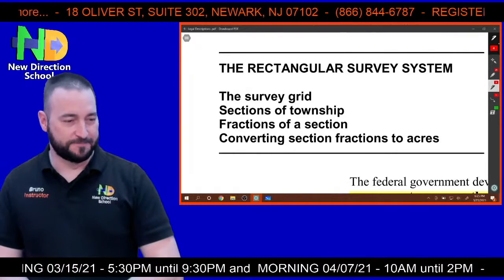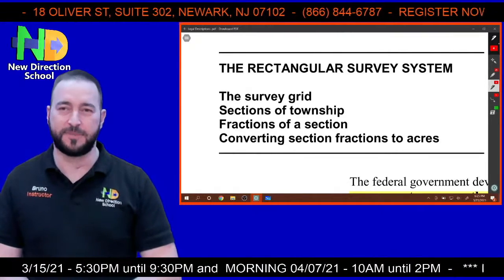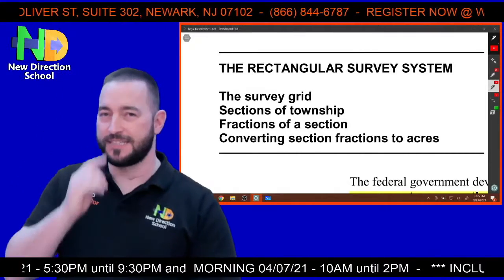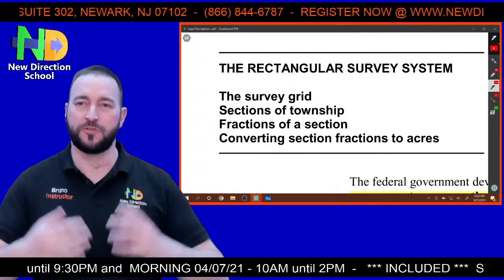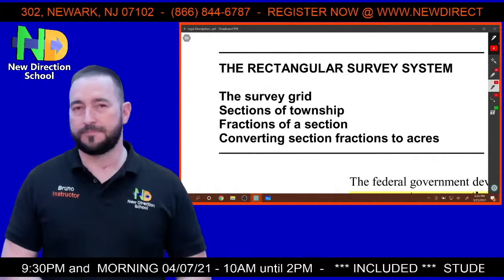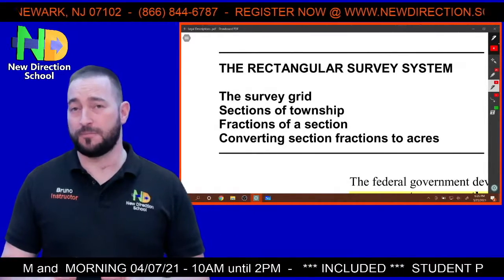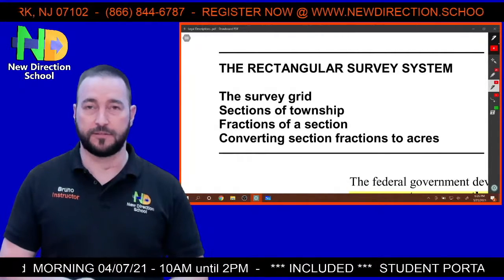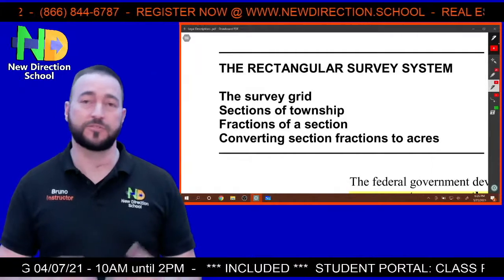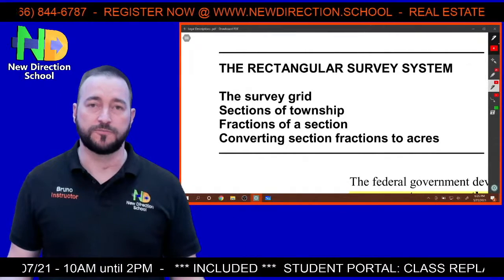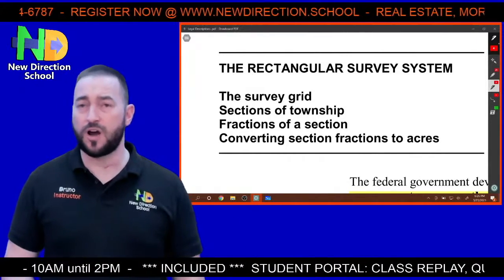Eduardo asks, what about if the willow tree disappears? Or any other reference. So if you guys remember what I said earlier, back in the day, we would use natural monuments as a reference point, okay? Nowadays, surveyors put their stake there so it doesn't move. Trees could be removed, rocks could be moved.